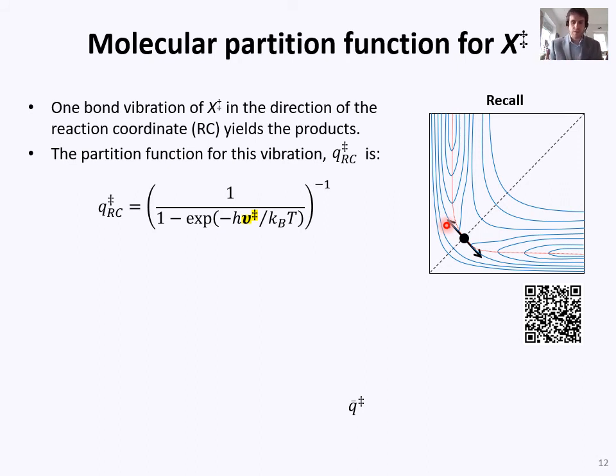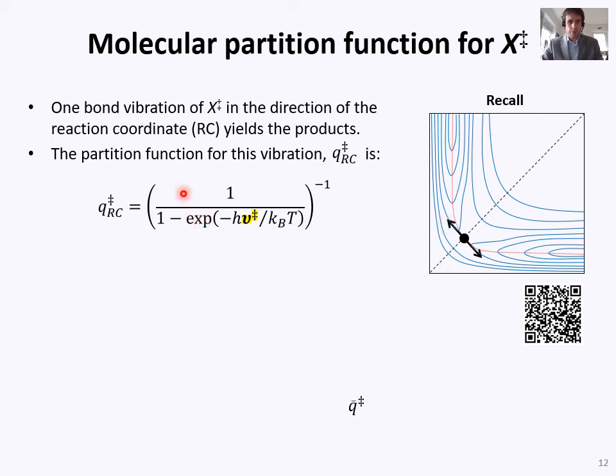If we know what the reactants are, then the transition state is just the 2 things added together. But the key point about the transition state is one of the degrees of freedom in it, which is a vibration, and specifically an asymmetric vibration, is the one that's going to lead us to the products.